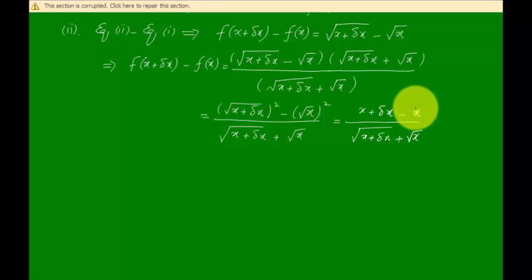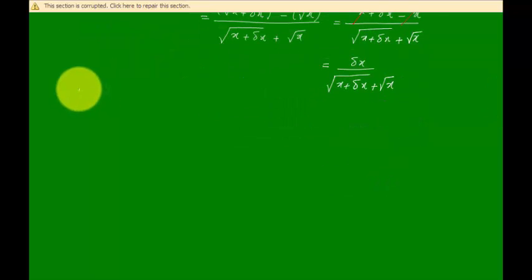Now here this minus x is cancelled with this x, and the rest we get is delta x over square root of x plus delta x plus square root of x. Now in the third step, what we have learned in our methodology, we divide by delta x.